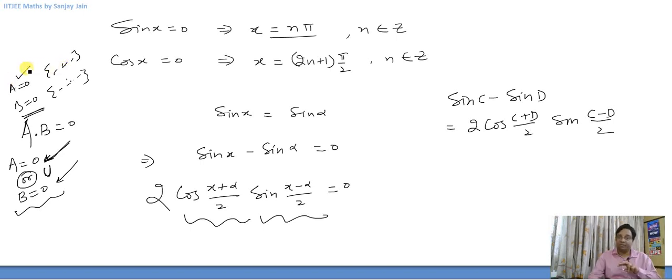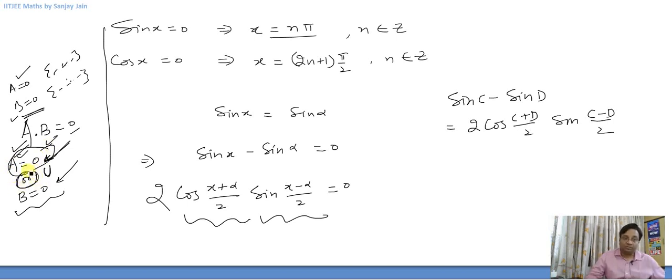So if this gives me 3 solutions, this gives me 3 solutions, I will not say there are 6 solutions. I will take out the common solution. For example, if one of the solutions is common, I'll say only 5 solutions are there for this equation. I hope you understand it, that my endeavor should be to bring it into some product, that a into b equal to 0, then a equal to 0 or b equal to 0 give me my solution, or gives me the sense of union.